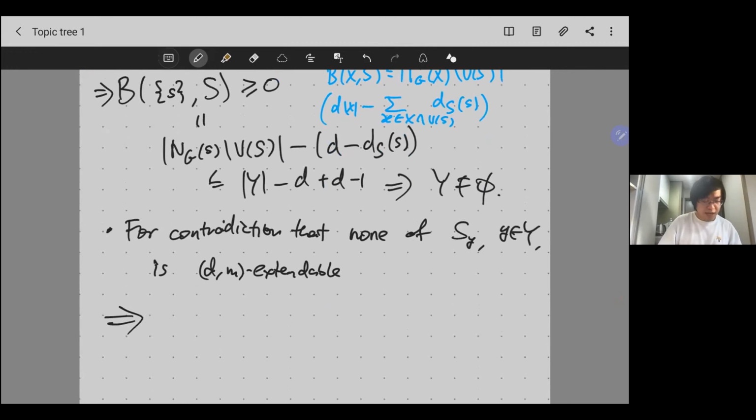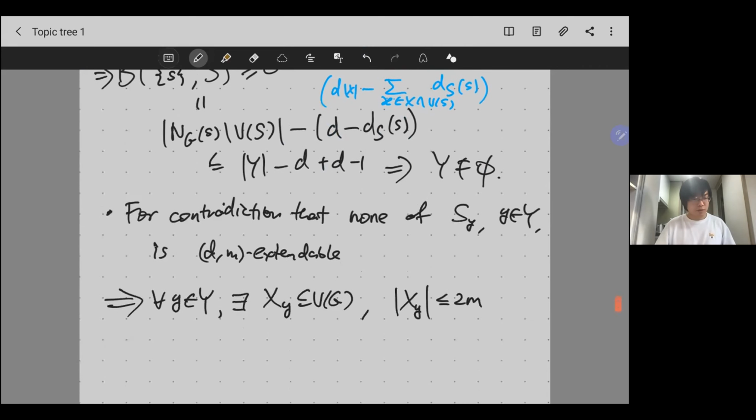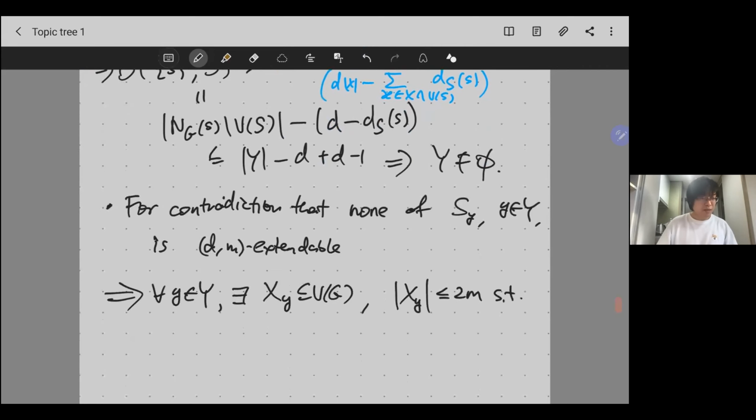So this in particular implies that for each y in Y, there is some small set, which I index by capital X sub y, where by small I mean up to size 2m, such that its balance with respect to our one-larger partial embedding is negative.